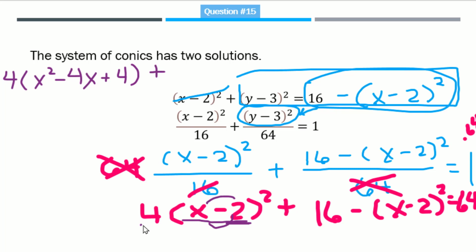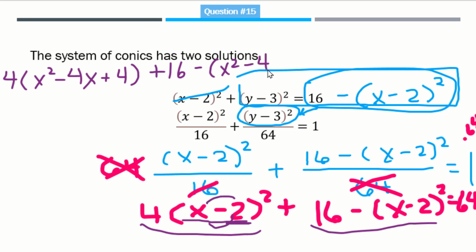Plus, that's just this part right here, 16 minus x minus 2 squared. Now we've already FOILed that out here, so I know what that is. 16 minus x squared minus 4x plus 4 equals, we still have that 64 over on the right.